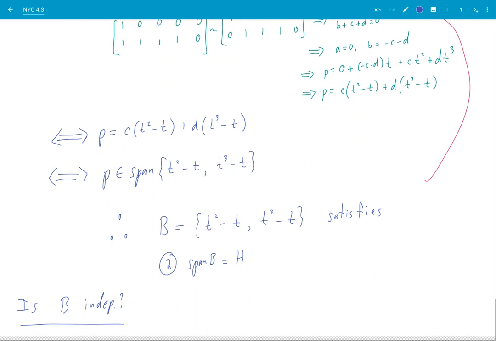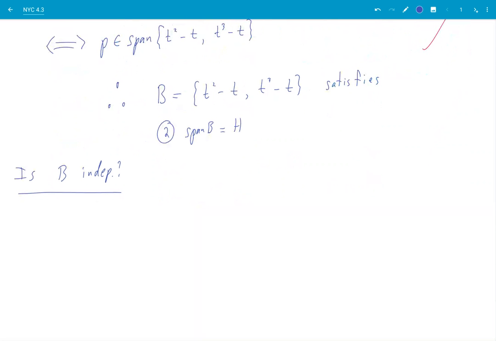To check something's independent, you take a linear combination and set it equal to 0. And then you try to solve for A and B. If you get just the trivial solution, then you conclude independence.